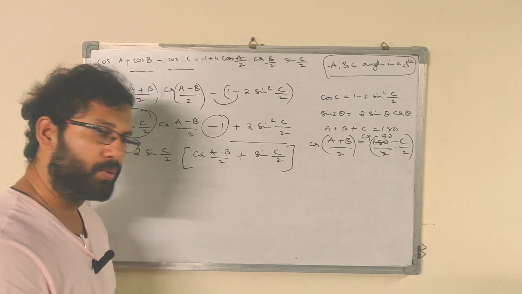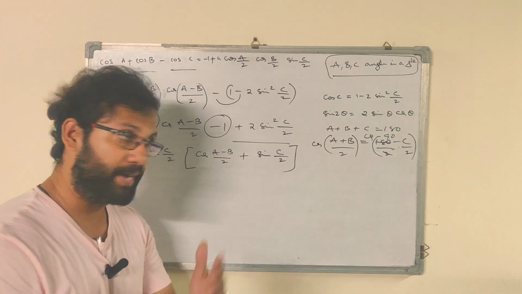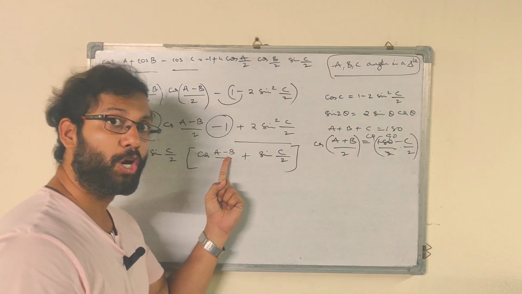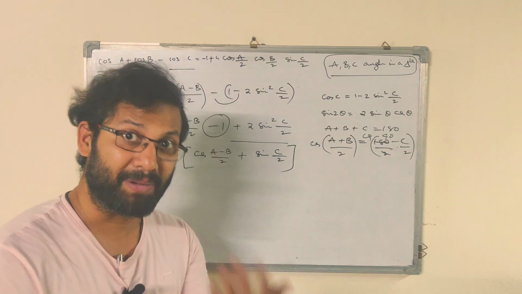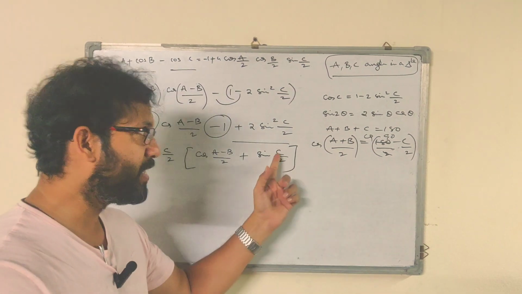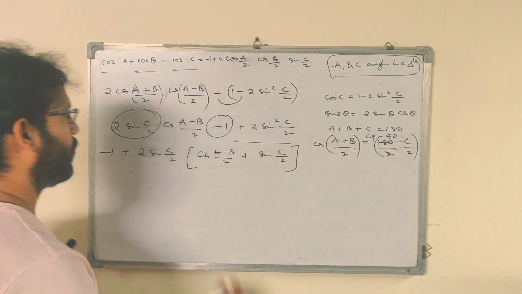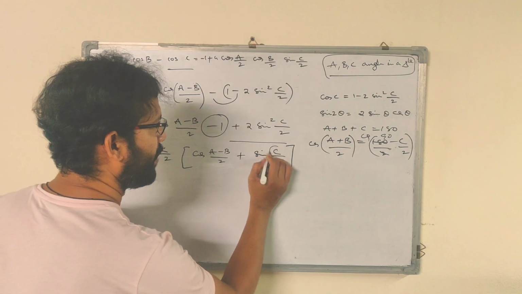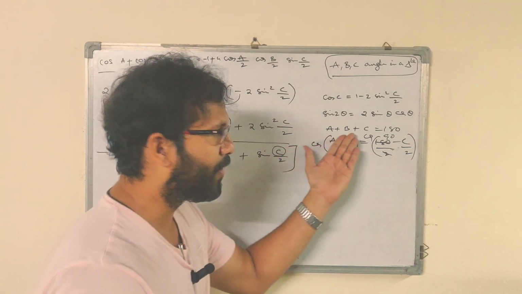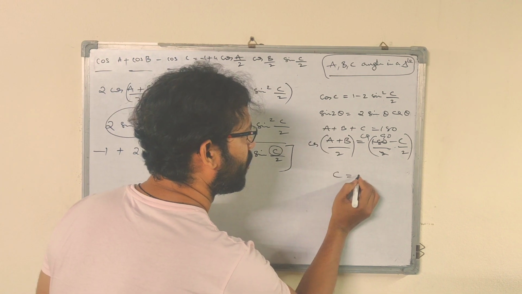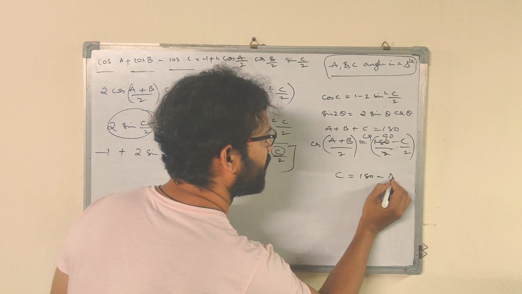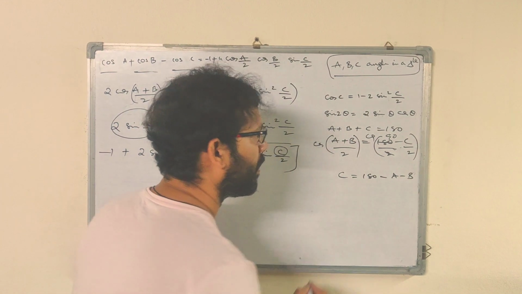Is it okay? Now, as I said, you should not be focusing on the minus sign. Always focus on either the plus term or the single term. Now, what I can do here is, we have only C. With the help of this term, can I write C is equal to 180 minus A minus B?